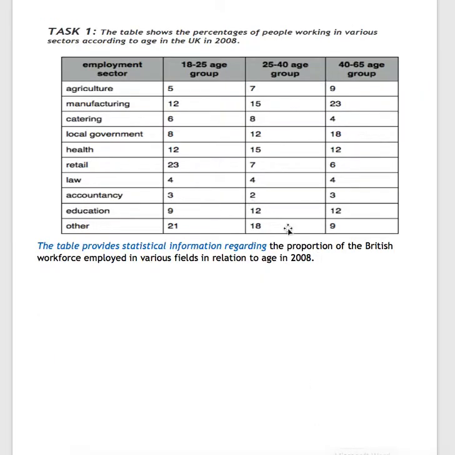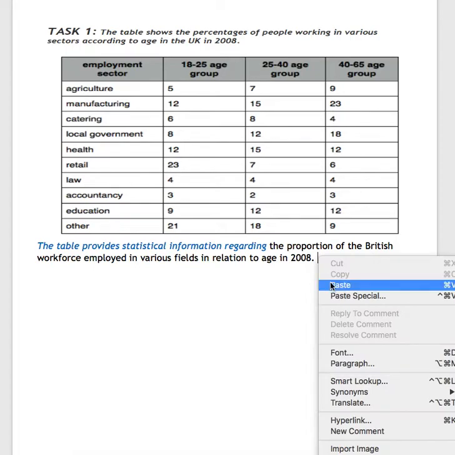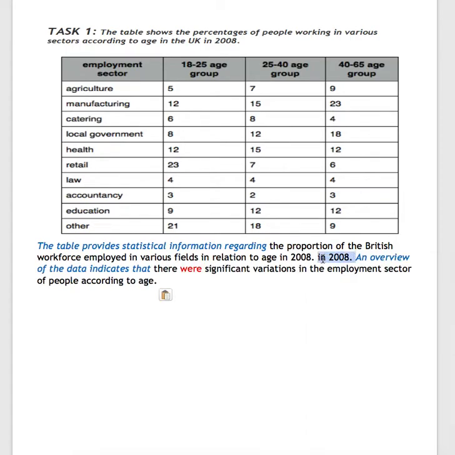That's what I want to say here. So an overview of the data indicates that there were significant variations or differences in the employment sector of people according to age.